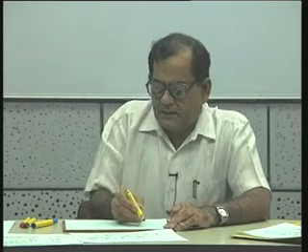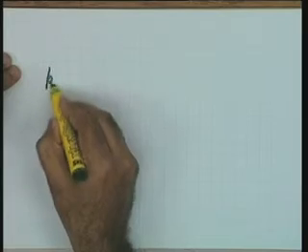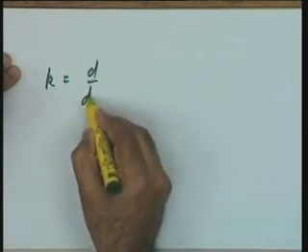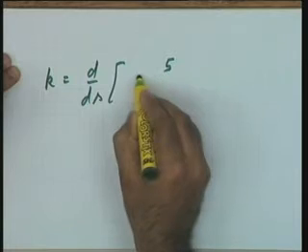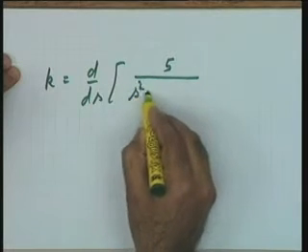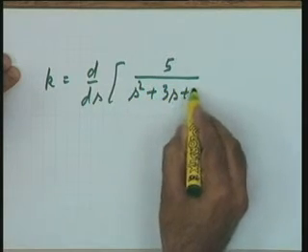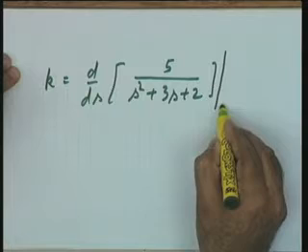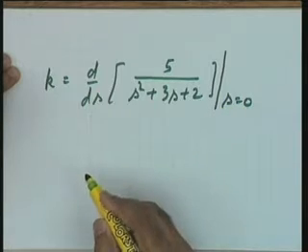Now, look at the value of k. In this case, k equals d by ds of 5 divided by s squared plus 3s plus 2, at s equal to 0.